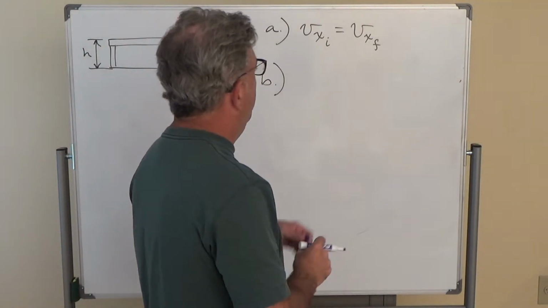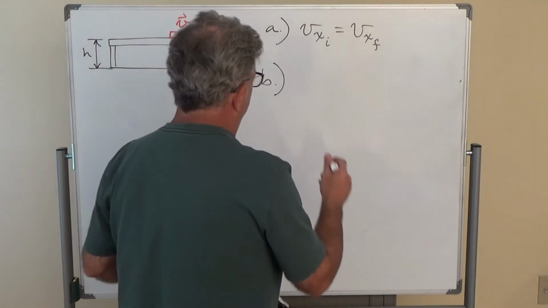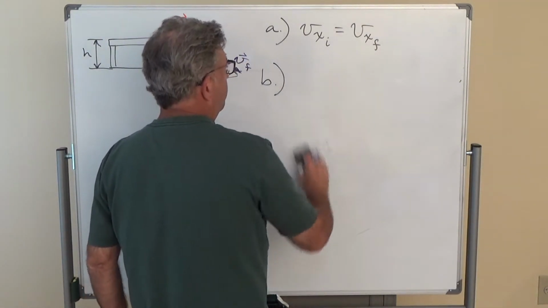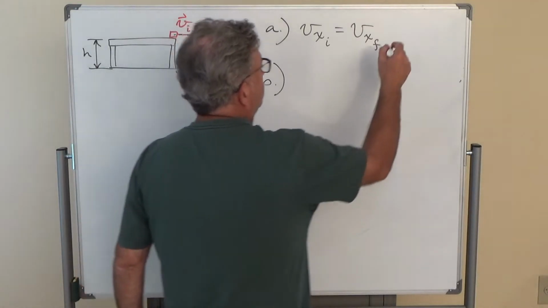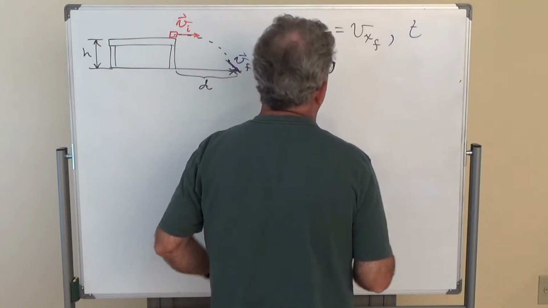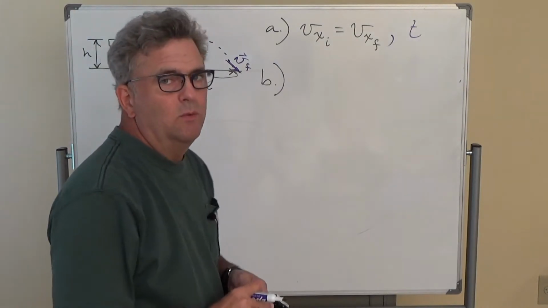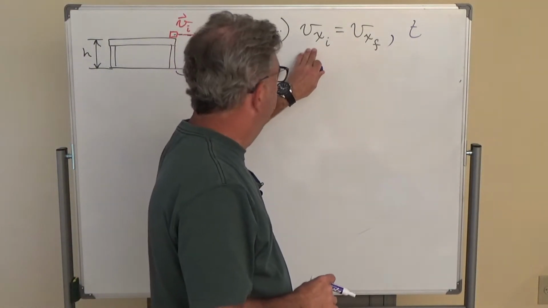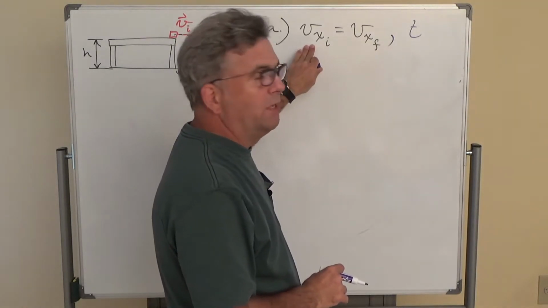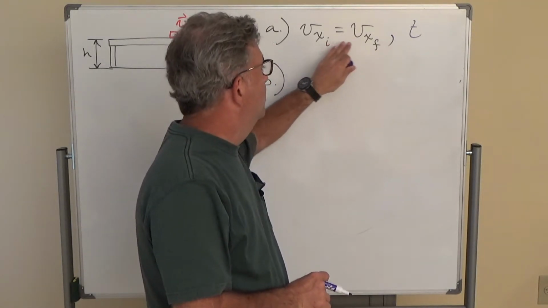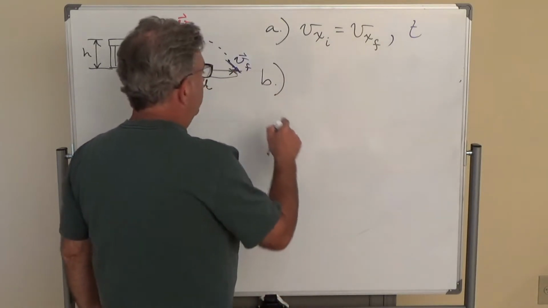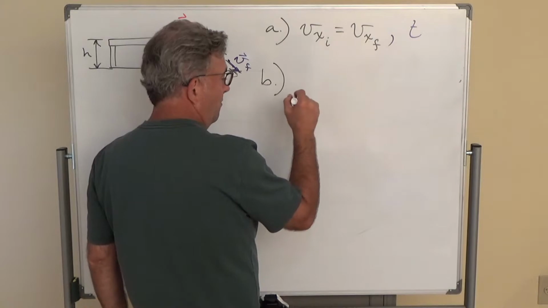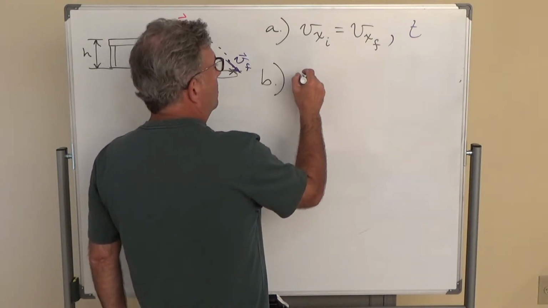We know Vx final, so we're finding Vy final. Let me say that we also found T in part A. From finding T, we were able to calculate Vx initial, which is equal to Vx final. So in part B, they're asking for that final velocity.